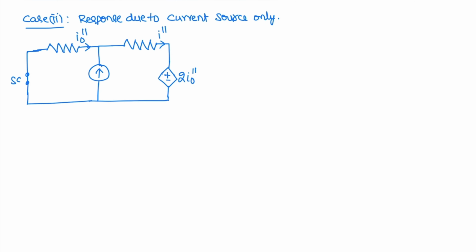So in this case, this is the equivalent circuit diagram. Let V be the voltage at this point, that is node A. I naught double dash and I double dash are the currents flowing. Apply KCL at node 1. So 1 plus I naught double dash is equal to V minus 2 I naught double dash by 4.